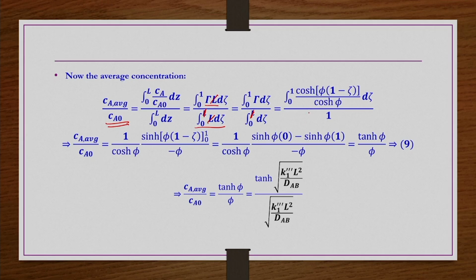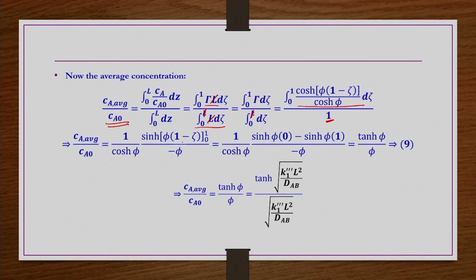So, now you do the integration of this particular term divided by integration of d zeta, which is 1, limits 0 to 1. And the integration of cos hyperbolic of x is nothing but sin hyperbolic of x.